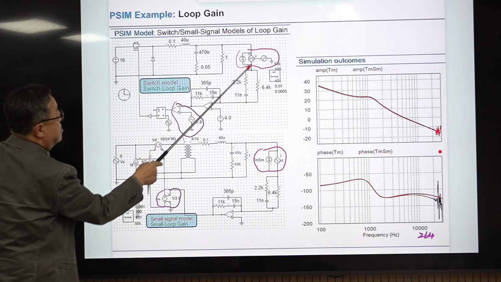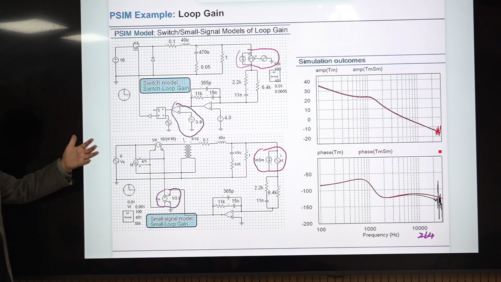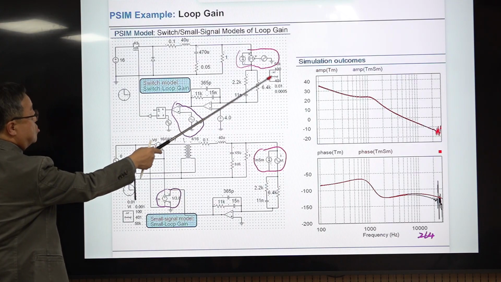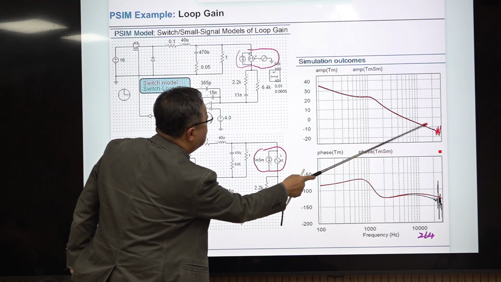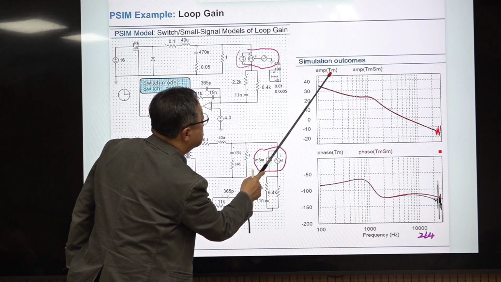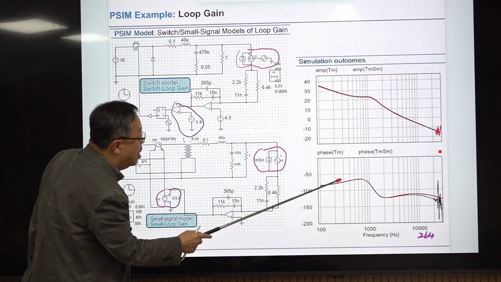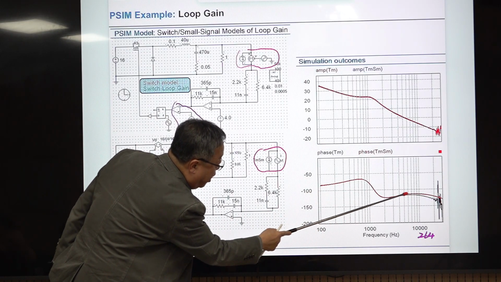This is the setup to measure loop gain. This is the PSIM functional block, and with this AC switch command, I plot the loop gain with this red curve, and I plot the phase with red as well.